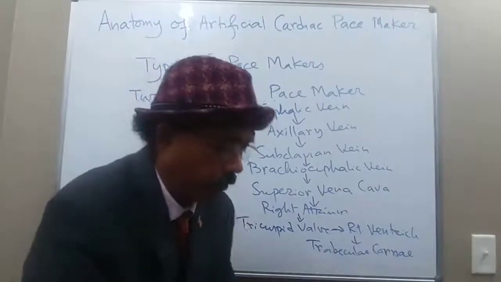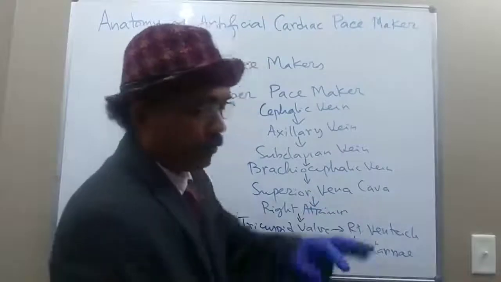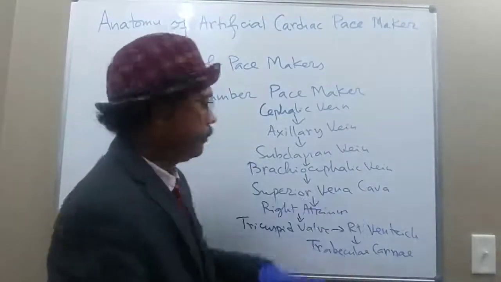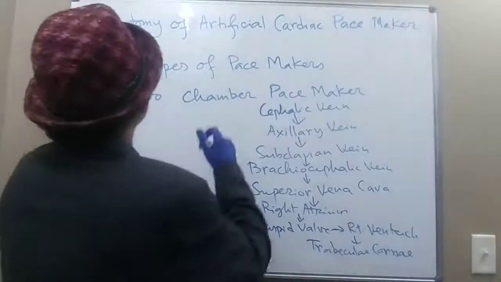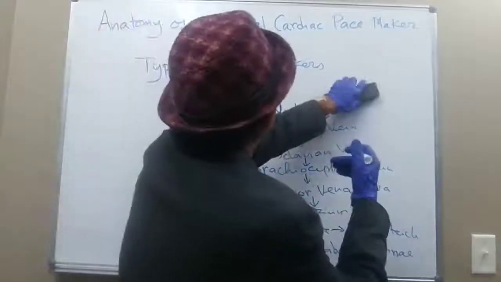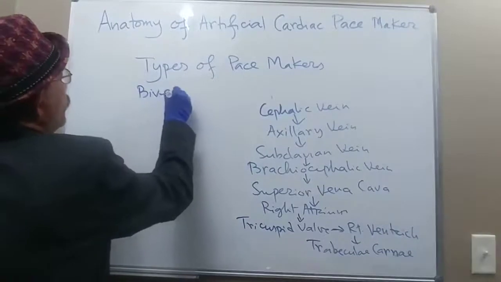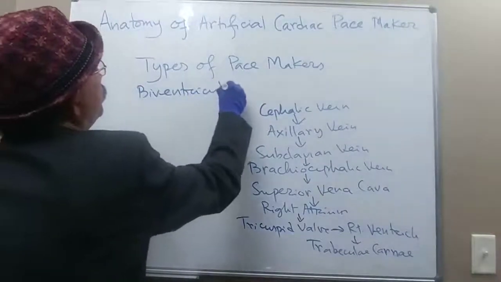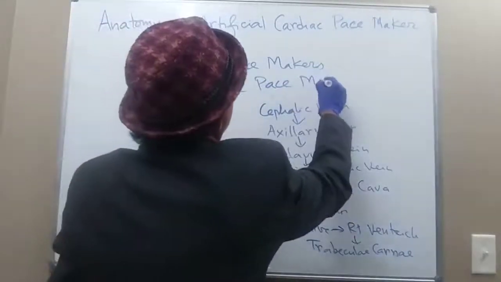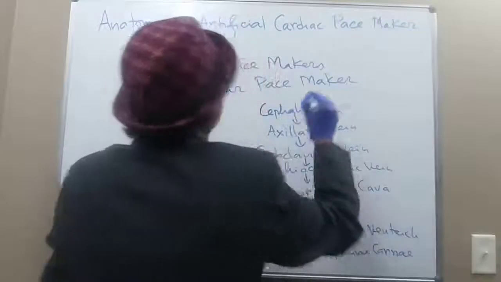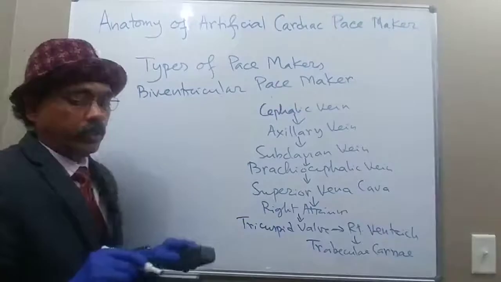So it may go to the right ventricle, or both the right ventricle and right atrium. Now we go to the biventricular pacemaker.